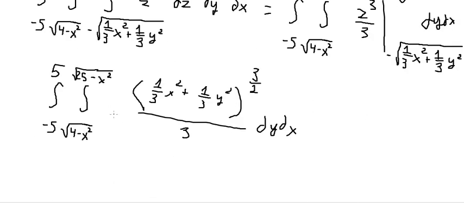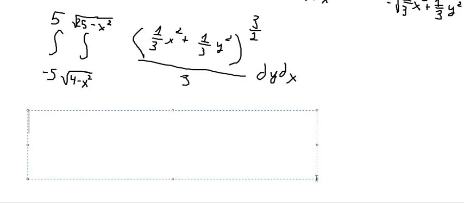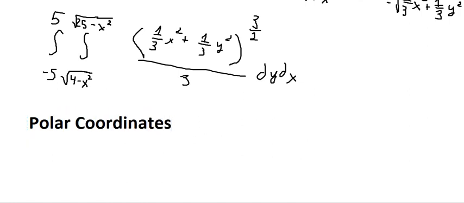In this situation, this is a circle, so we can use polar coordinates. So I will put x equals r cosine theta, y equals r sine theta.